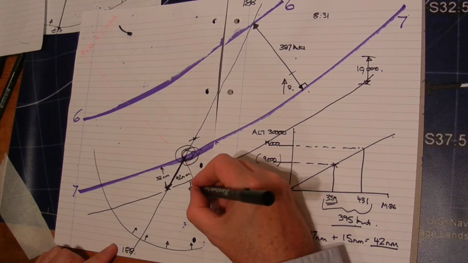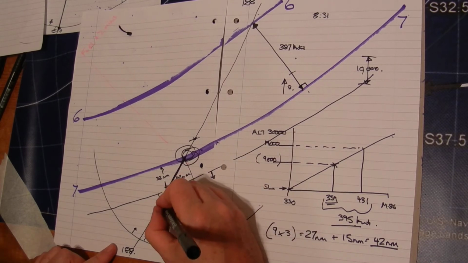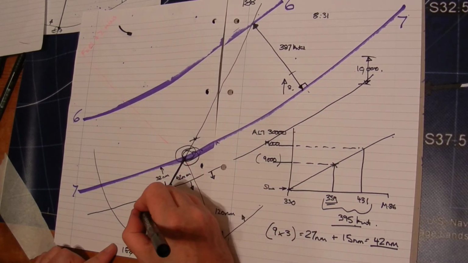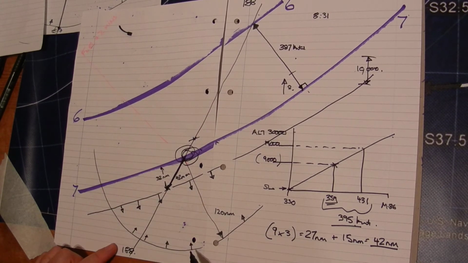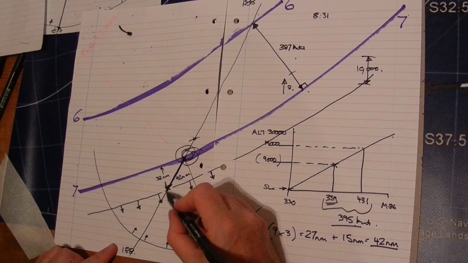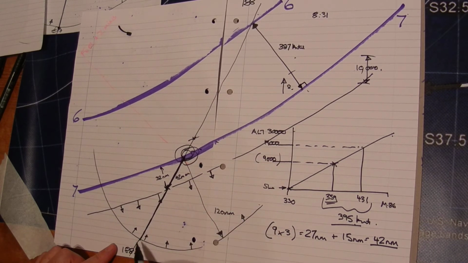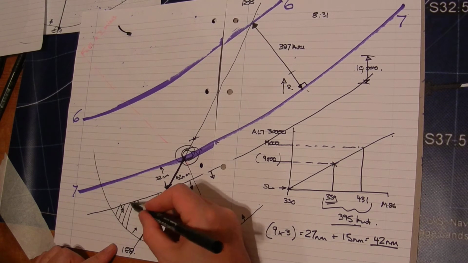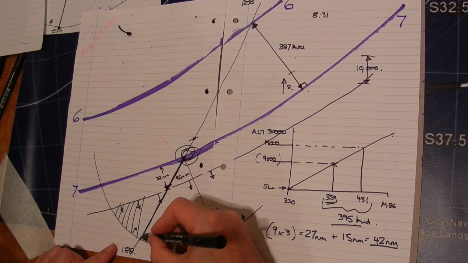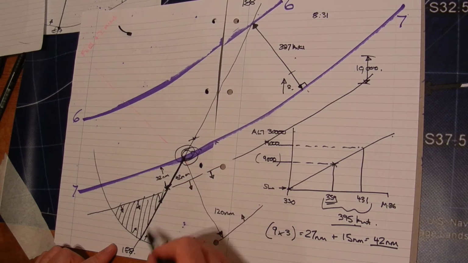So it must be south of this new line that we've drawn at 32 nautical miles. It must be south of this line, it must be north of this line, and it may be on this 188 line. So we end up with a small triangle here which satisfies all three, as does both sides of this 188.